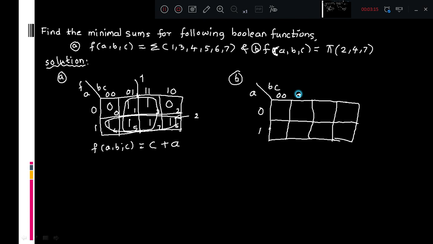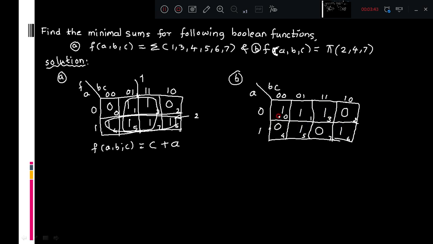You write the details, cell numbers 0 1 2 3 4 5 6 and 7. Cell numbers 2, 4 and 7 are 0, remaining all cells are 1.